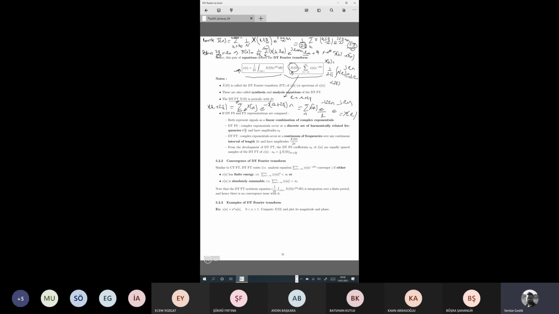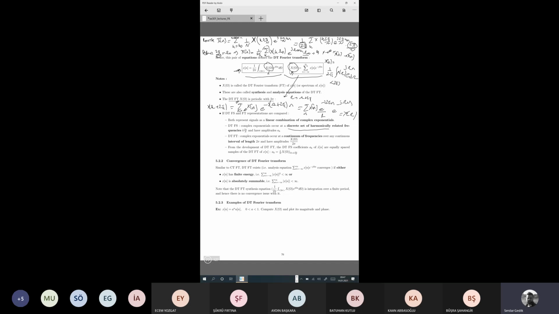But in the discrete time Fourier transform, complex exponentials occur at continuous frequencies over any continuous interval of length 2 pi and have amplitude X of omega over 2 pi. So instead of a summation, now you have an integration. You integrate this continuous X of omega over omega in order to find x of n. But in the Fourier series case, it was a summation, so we were summing a discrete set of harmonically related frequencies.